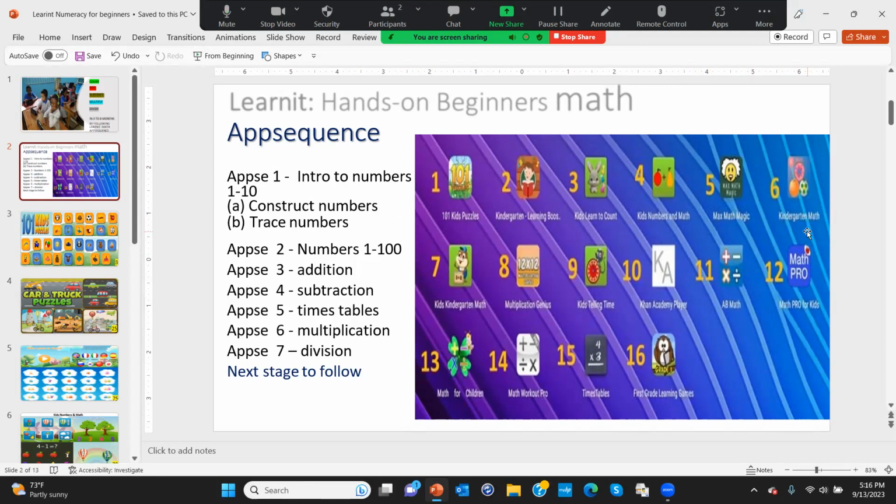We have Multiplication Genius as well, Math Workbook Pro and the first grade learning games. We have the second grade as well and third and fourth. You have Math for Children, Math Workbook Pro, times tables, and then we have Multiplication Genius, the AB math.